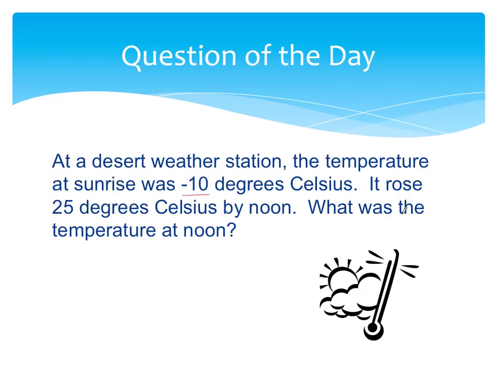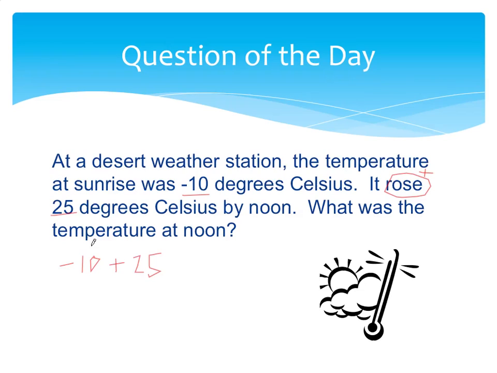Okay, and it rose, which is going to be a hint word that talks about adding 25 degrees. So it started off with negative 10, and then we rose, so we're going to add 25 degrees. And we're trying to find out what the temperature was at noon.